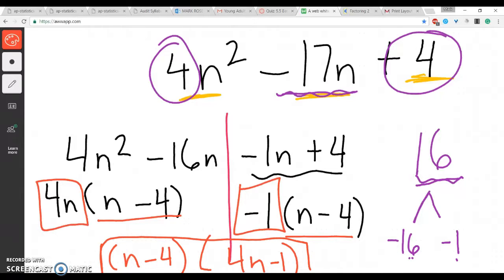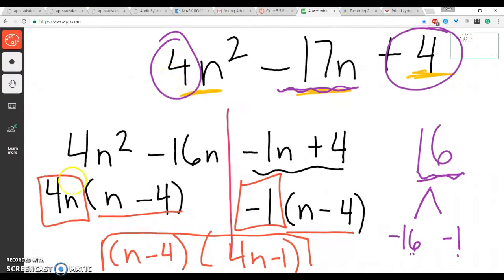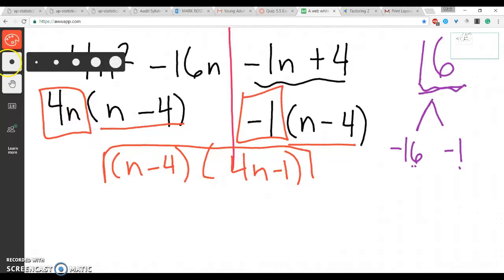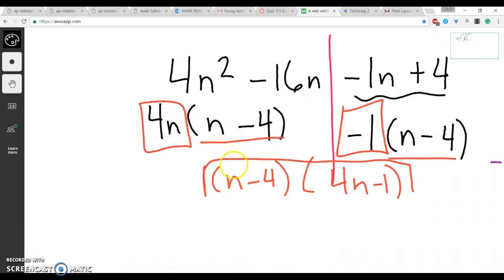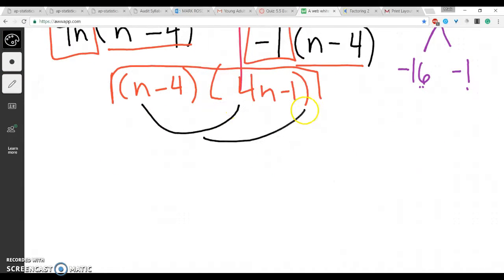This trick will work every single time, and the more you try it, it will get better, and it will probably start making more sense. Essentially what we're doing when we do this trick, and I said I'd show it at the very end, is this: when you have this here and you FOIL it, you always should get 4 terms.